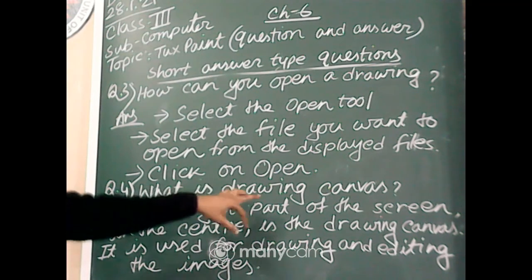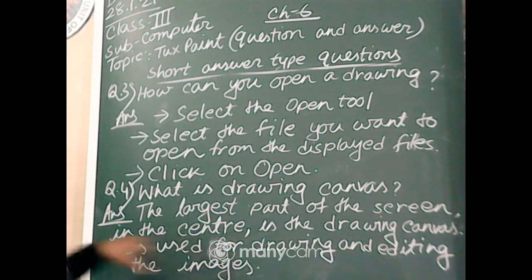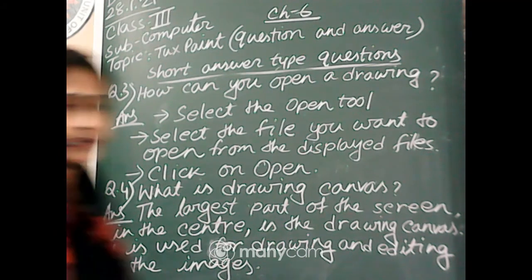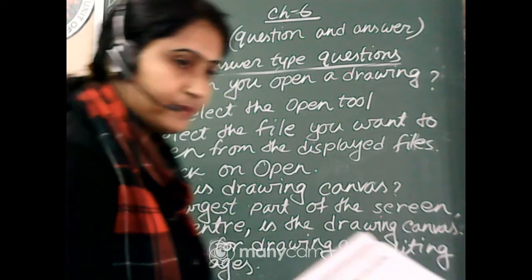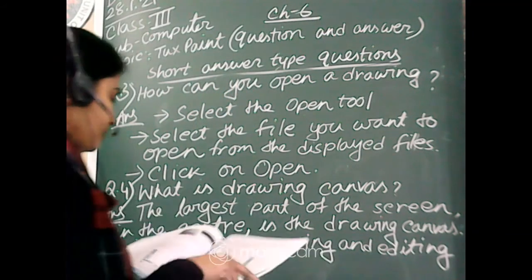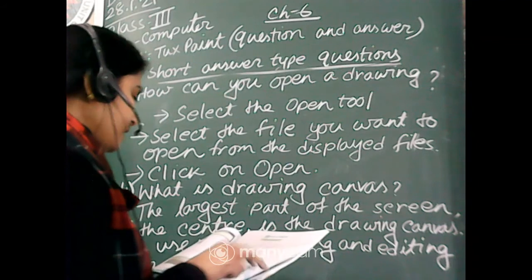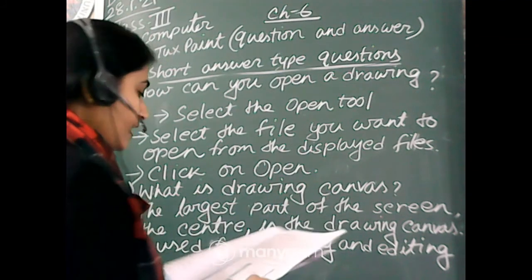The largest part of the screen in the center is the drawing canvas. It is used for drawing and editing the images. I hope you completed this part. Now I have to wipe the board for the next question. Next one is the last question.